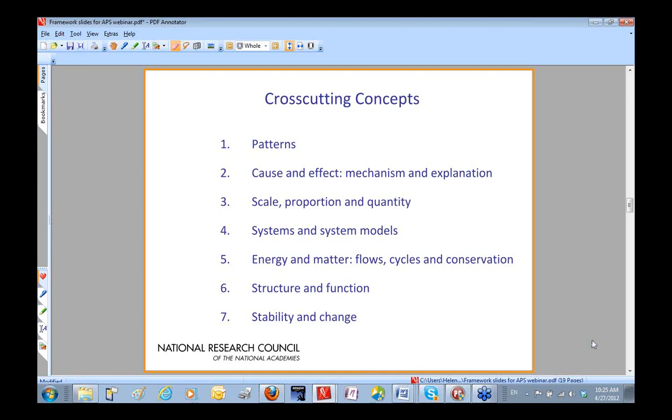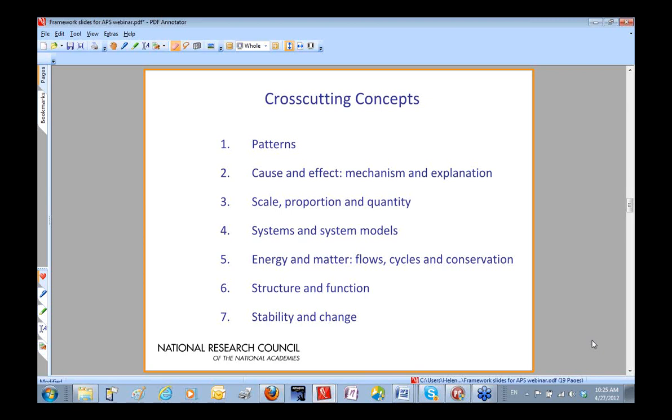Okay, patterns, cause and effect, scale, proportion, and quantity. These are not new ideas. Patterns, of course, because noticing patterns is the beginning of a way we ask questions in science, and trying to interpret them in terms of cause and effect is partly the way we think about science. Cause and effect, for example, is very interesting.